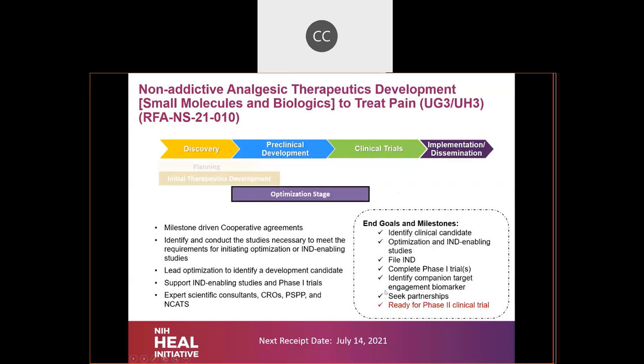It can potentially go a little bit further; we're trying to get it all the way ready for EpicNet, so it does have resources. So if you're in the pain area, you potentially have two different funding opportunity announcements you could consider. The receipt date for this one is July 14th, the next one up. And this is an RFA, so it has set-aside money associated with it, where the BPN does not.